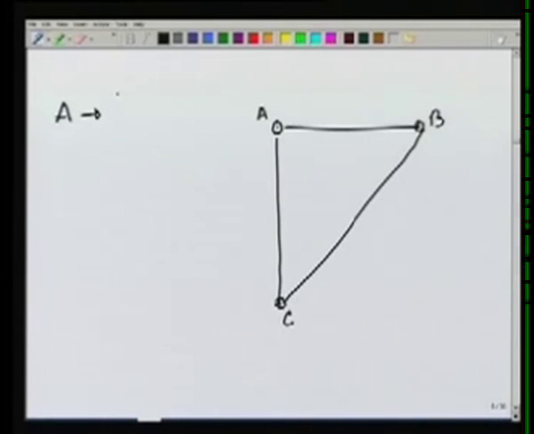So let's say that at A, ground level is, let's call it, 105 meters, and depth to groundwater, let's call it 4.6 meters.